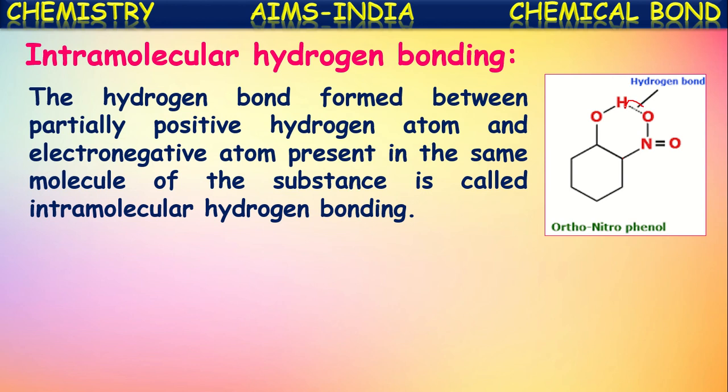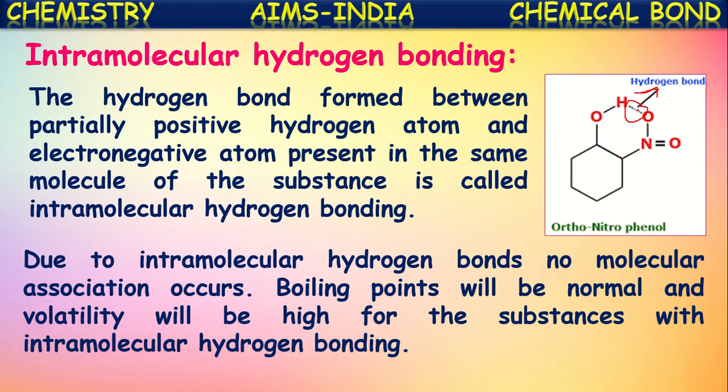Between these two, certain attraction occurs that we call a hydrogen bond. This hydrogen bond is formed between atoms of the same molecule. This is completely one molecule. Within the same molecule this hydrogen bonding is occurring, and thus it is called intramolecular hydrogen bonding. That means the hydrogen bond formed within the same molecule.